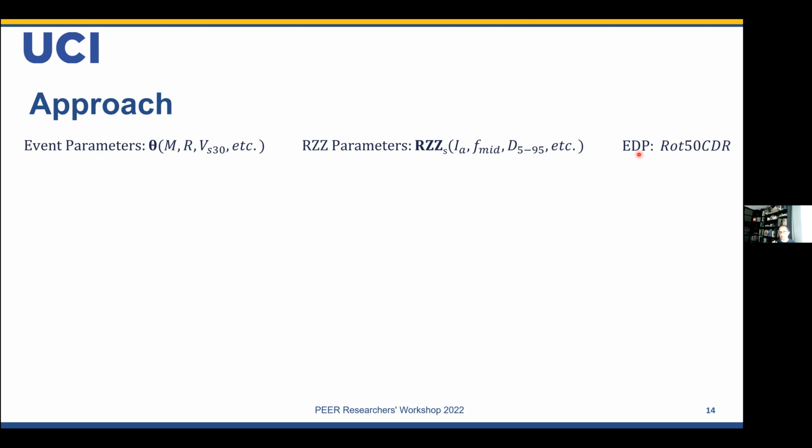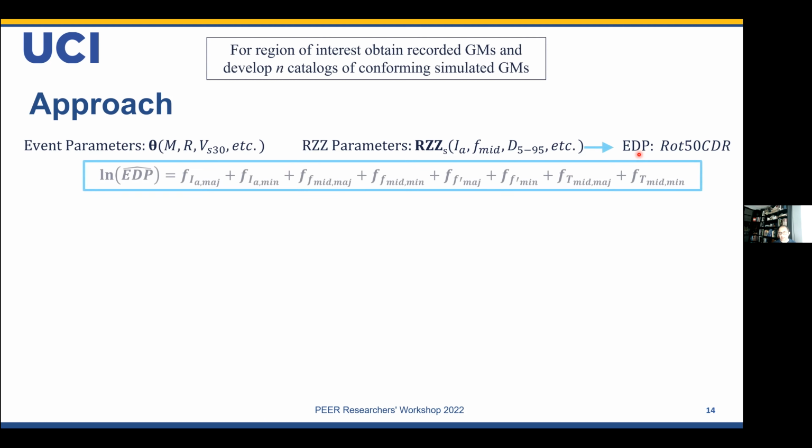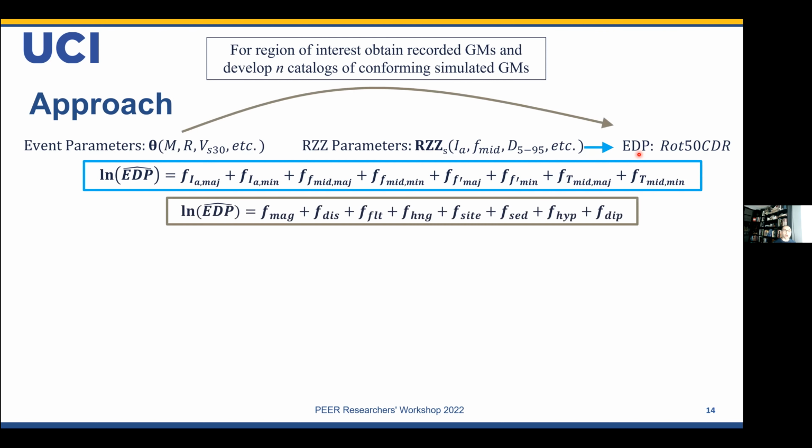We're doing a comparison with the blue, the regression on the blue level. We're trying to find out what are the minimum set of those RZZ parameters that can describe the EDP. This is the efficiency part. We also do a regression between event parameters and the EDP.